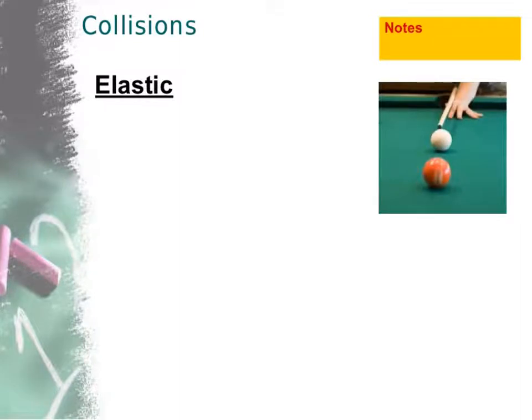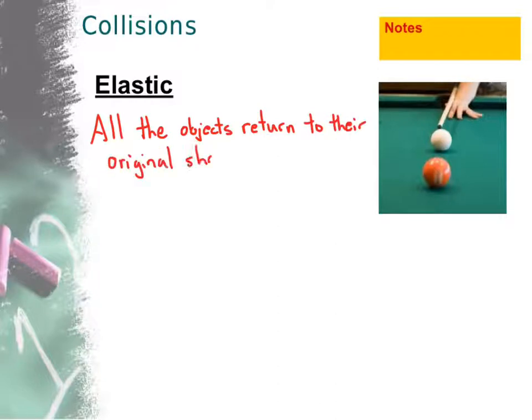So let's talk about an elastic collision. The reason we call it elastic is because all the objects after the collision return to their original shape without heat loss. Examples of items that would experience elastic collisions might include billiard balls, or pool, if you like to call it pool instead of billiards.